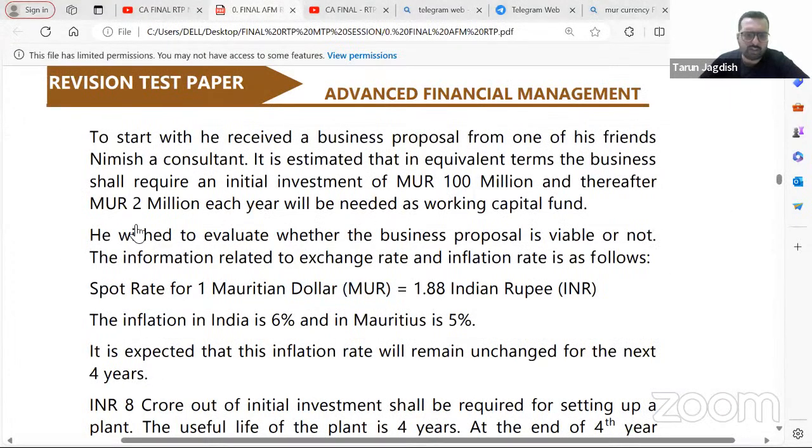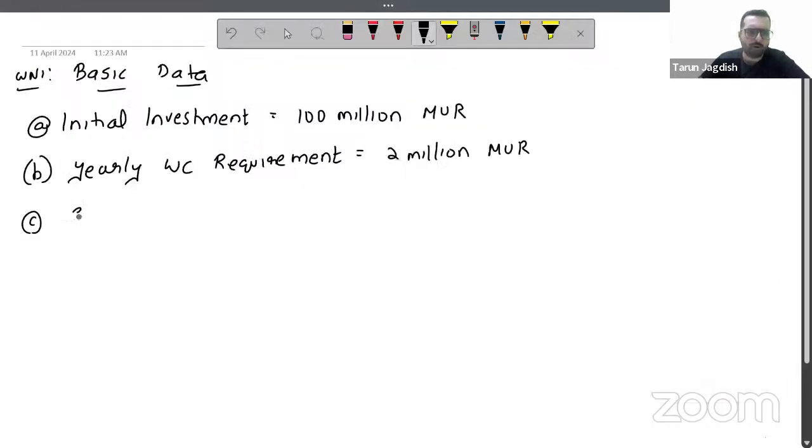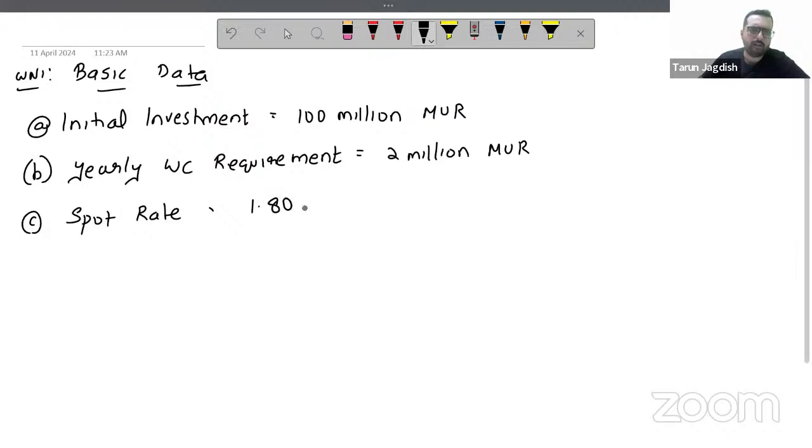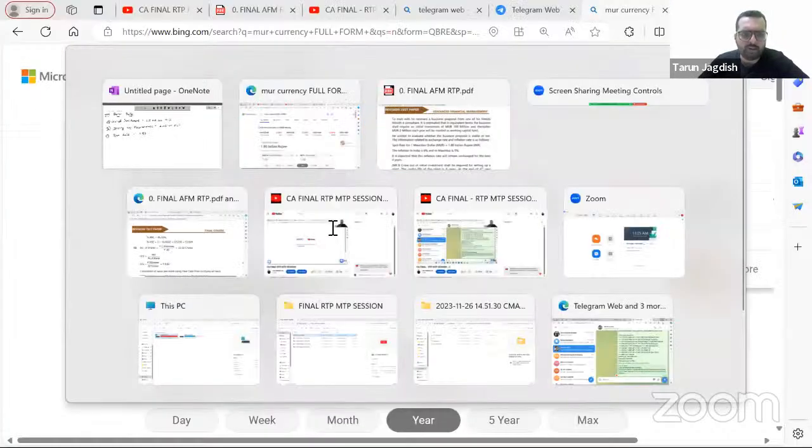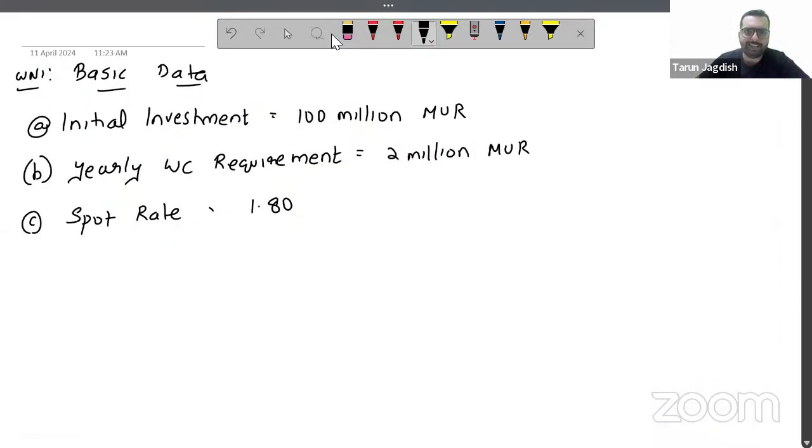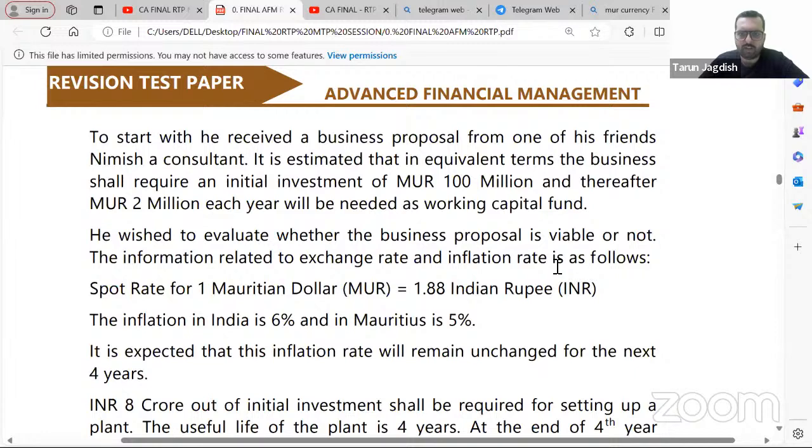God knows which is correct. So I'll just write down over here spot rate 1.88 rupee per MUR. Down they have told inflation in India is 6%.